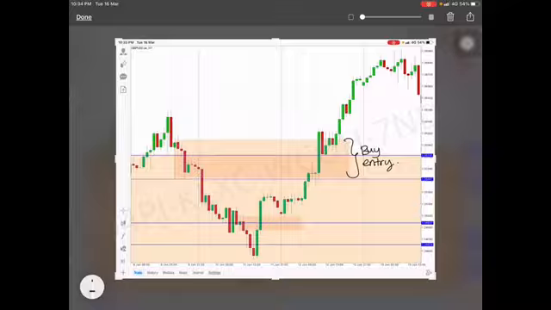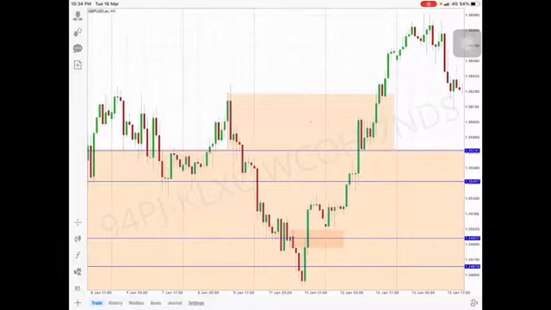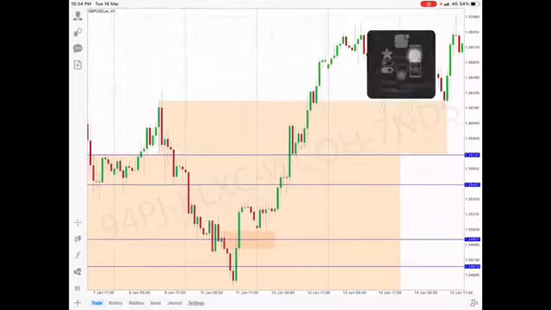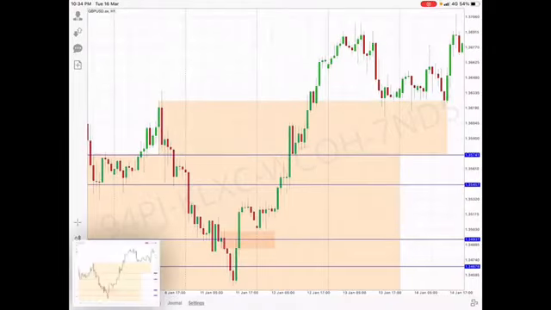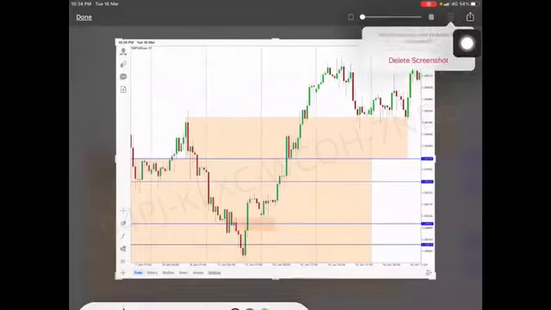Nice. Okay, what if you missed this zone? You can also see that if it makes another engulfing, it's going to come back to that zone. But wait, it's not valid. Let me correct it.